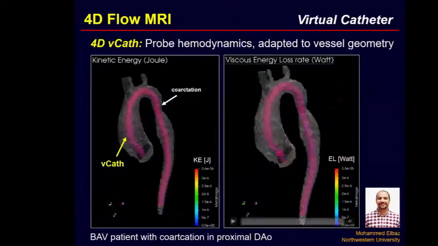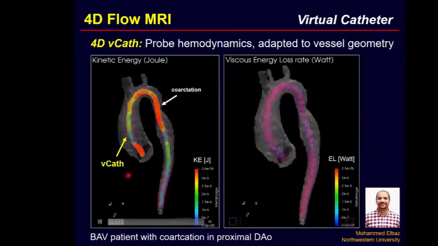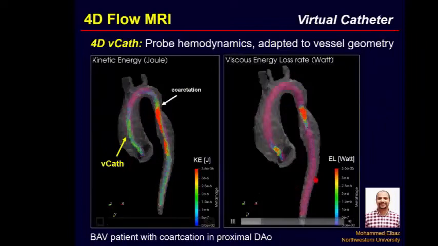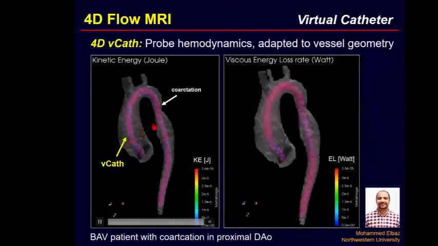It's a structure that you deploy into the aorta that mimics the invasive catheter. And the advantage is that, similar to the real catheter, you can probe different hemodynamics along the catheter. And again, one of the advantages of 4D flow is you can selectively switch between hemodynamic metrics, such as, for example, kinetic energy or energy loss.